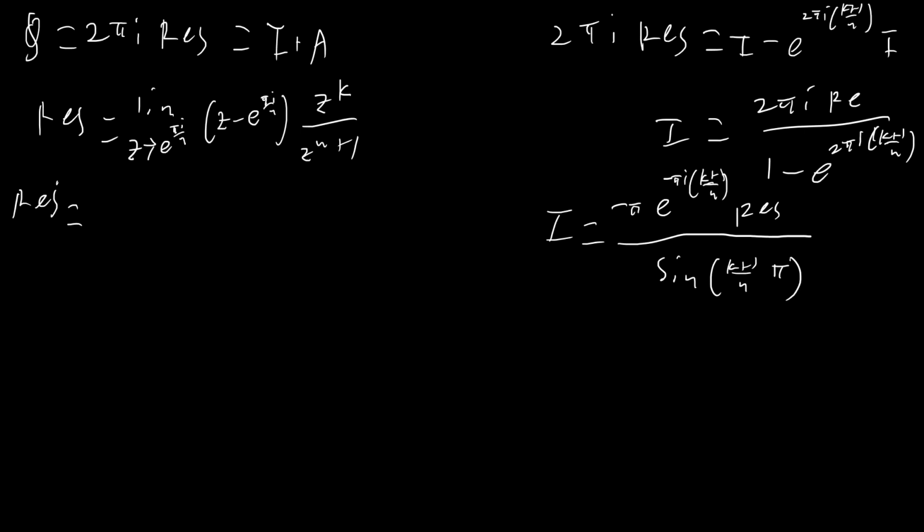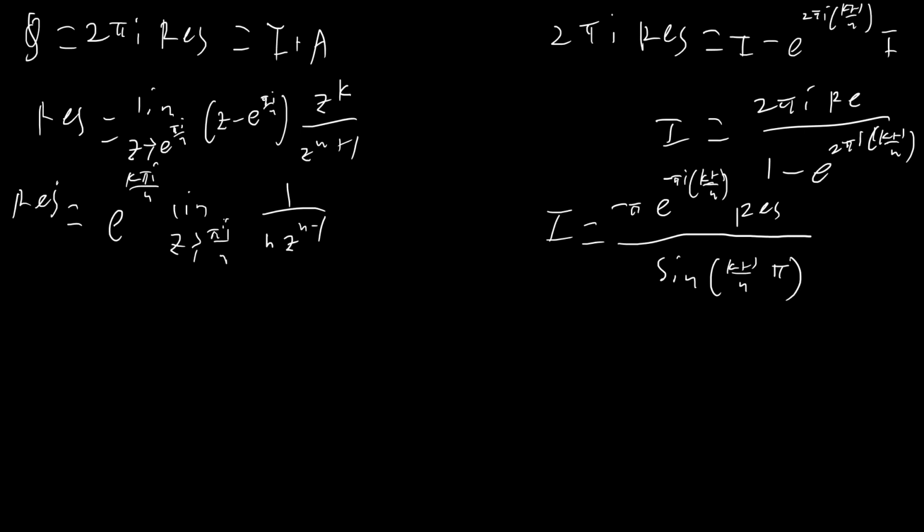So that's going to end up being just e to the k pi i over n. And then for this bit, we're going to use L'Hôpital's rule because it's 0 on the top and bottom. So that's just going to end up with the limit as z goes to pi i over n of 1 over n z to the n minus 1.